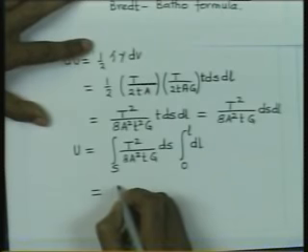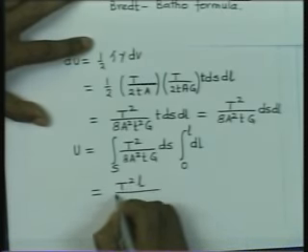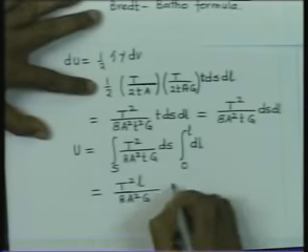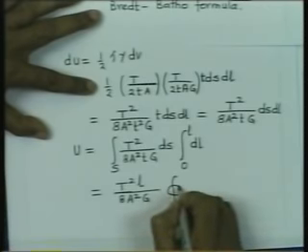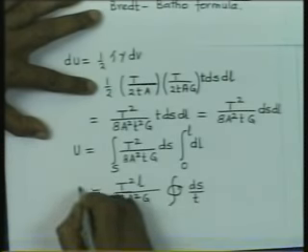So, therefore, we have now T square by 8 A square G, where T is constant, and this is the integration of the quantity ds by T. So, U is this one.